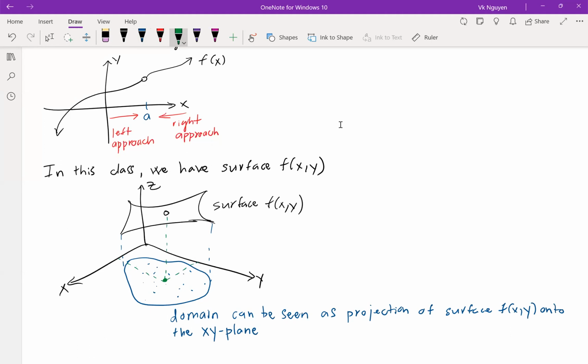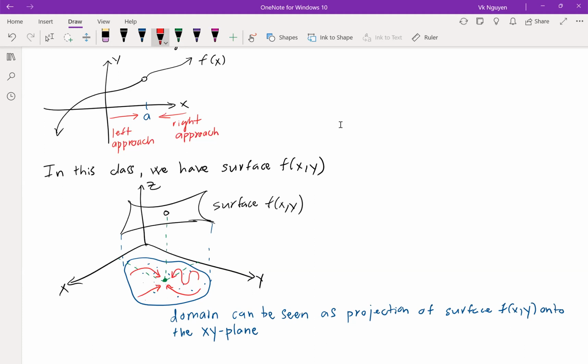See, projection. When we have a point and the domain, it looks like this, that we can approach that point from many ways. You don't have to do the right and the left approach anymore. There are many ways that you can approach the point. You can do a straight line approach. You can do a curve approach. You can do whatever approach that you like, or you can do a sine, a cosine approach.